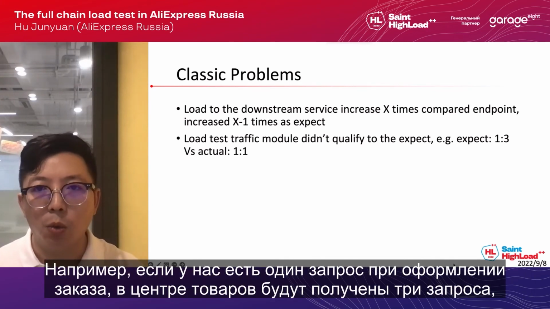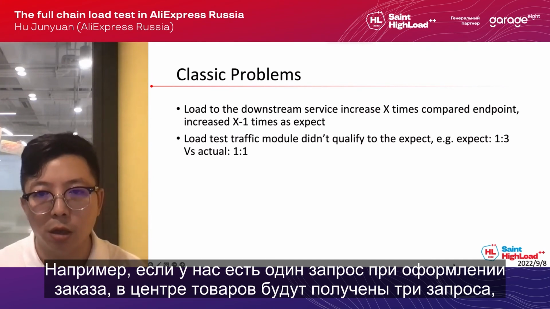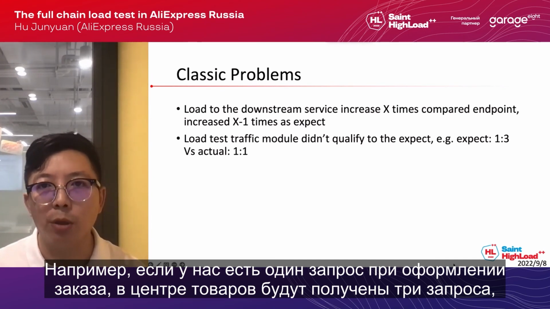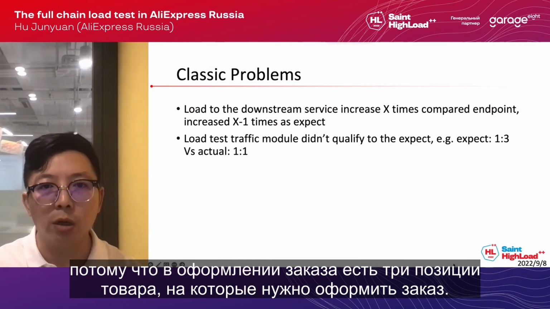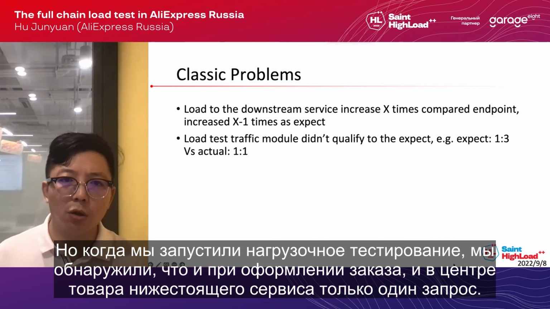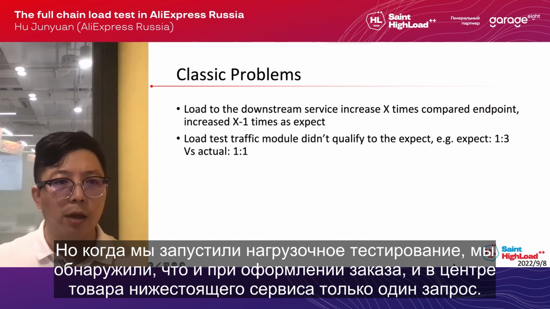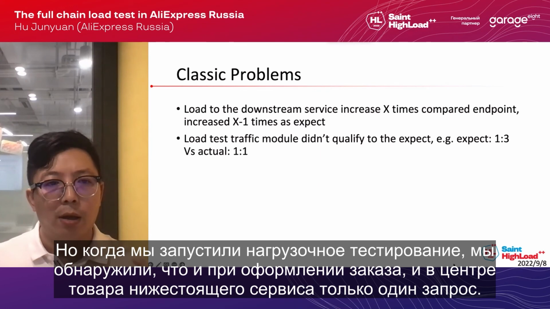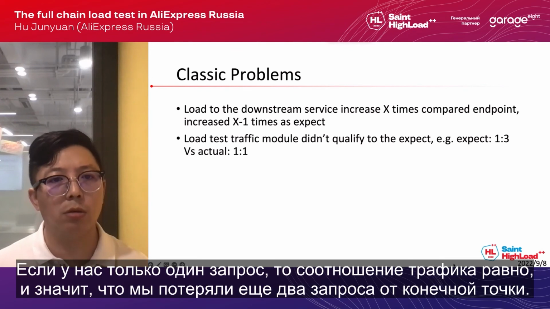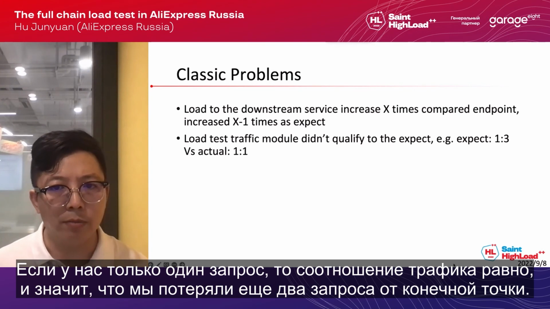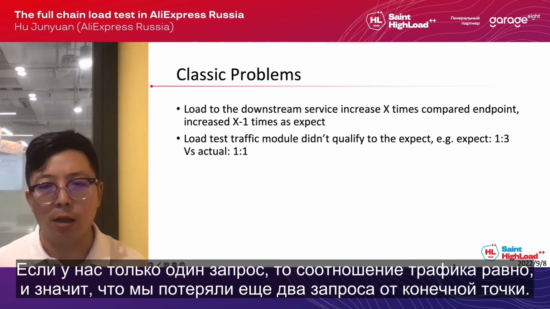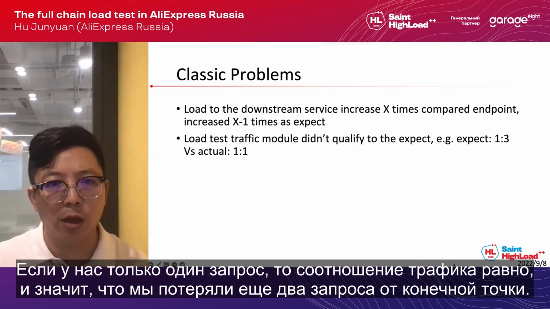If we have one request from the checkout, there are 3 requests received in the item center, because in the checkout there are 3 product items to be ordered. But when we ran the load test, we found only one request in the checkout, and also only one request in the downstream service item center. So the ratio was equal, and we had lost another two requests from the endpoint.